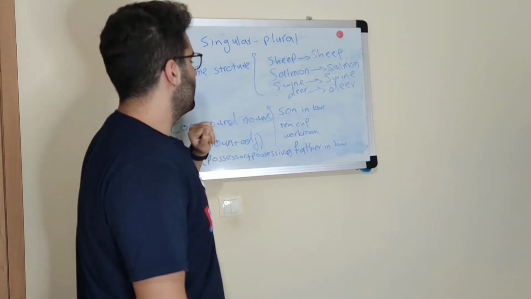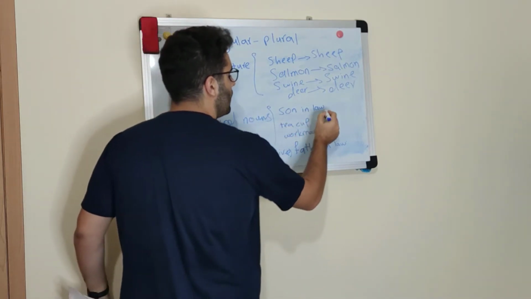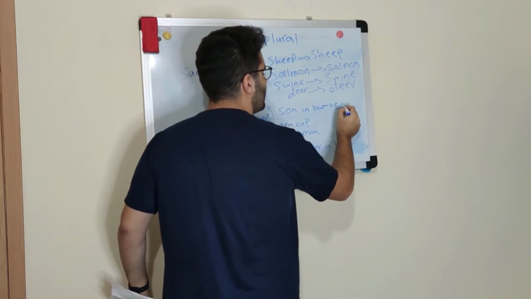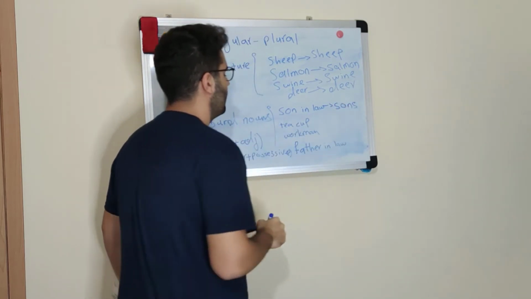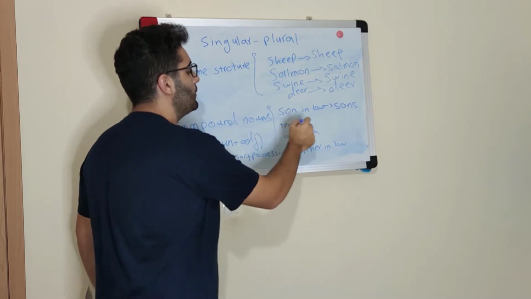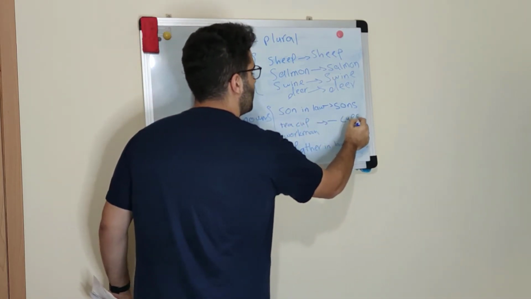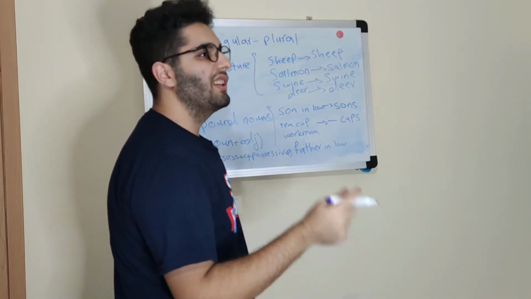Like what? Son-in-law. Son-in-law would be what? Would be sons-in-law. Or teacup. Teacup would be teacups. We don't say tea's cup.